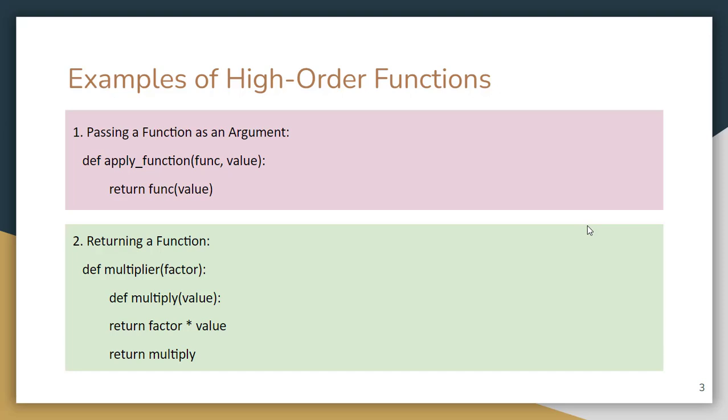The multiply function calculates the multiplication; value is the value we pass from outside. It returns factor times value, and ultimately multiplier returns multiply.